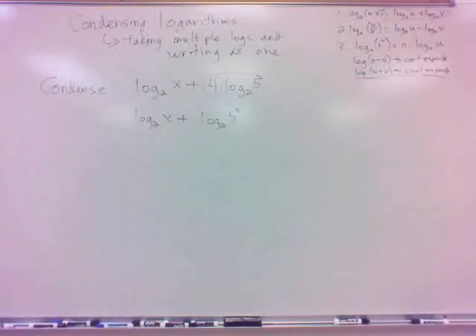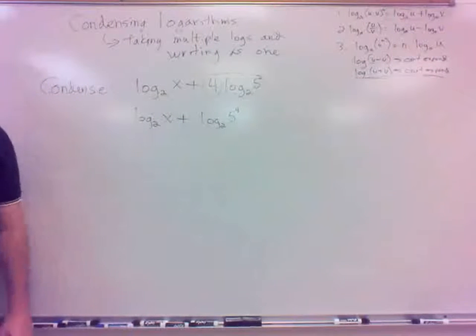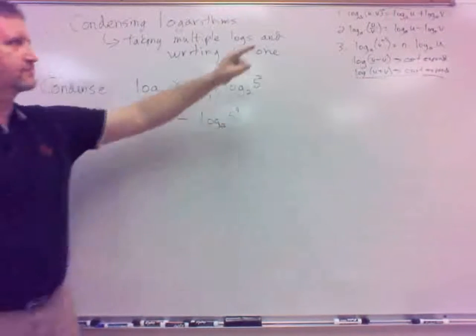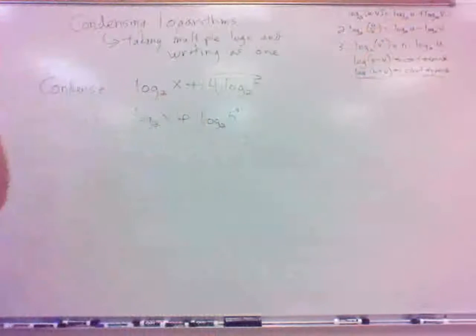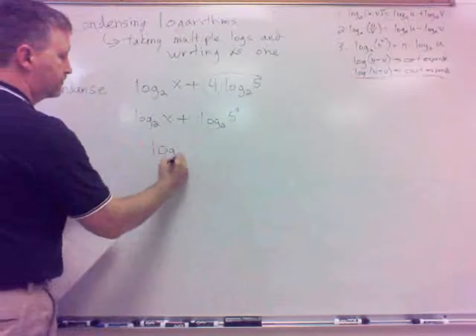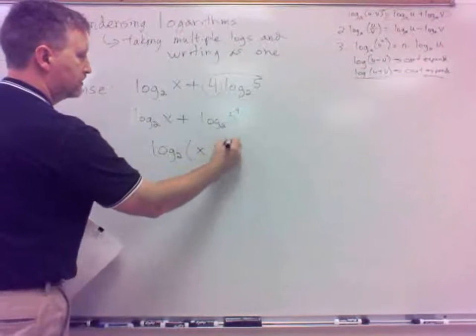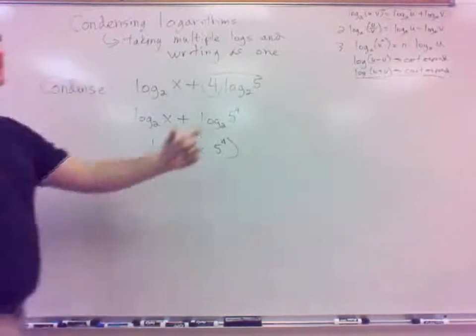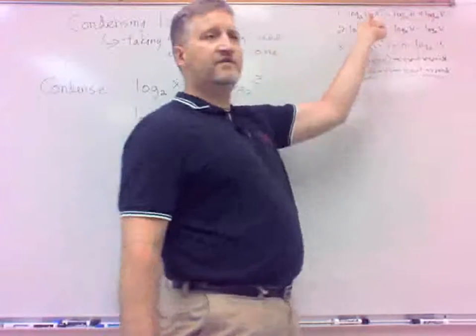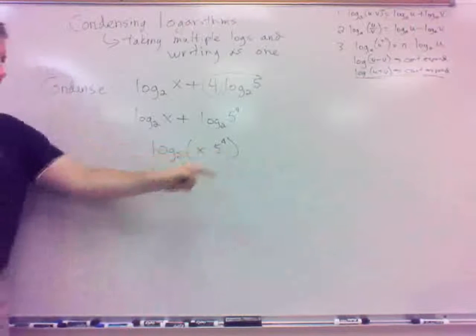With me? Okay? But I still have 2 logarithms. The goal is to get 1 logarithm. How am I going to get 1 logarithm out of these 2? Well, that's property 1, isn't it? If I have 2 logarithms that are added together, then I put them into 1 logarithm. And what do I do with the numbers there? I multiply, right? Property 1 says these 2 are added and they come together into 1 log, multiply together. So it'll be x times 5 to the 4th.